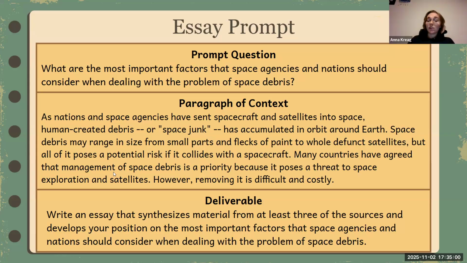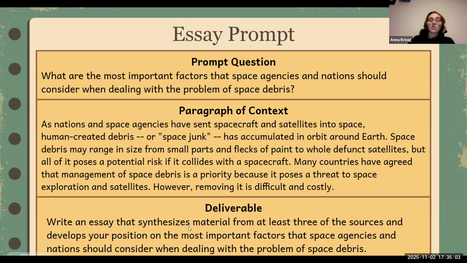This is telling you directly, you're writing an essay that synthesizes material from at least 3 of the sources and then develops your position on the most important factors that space agencies and nations could consider when dealing with the problem of space debris. In that deliverable sentence, you are being focused onto a very specific part of the question, reminding you what you need to focus on in your answer.